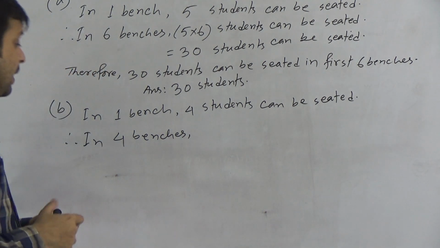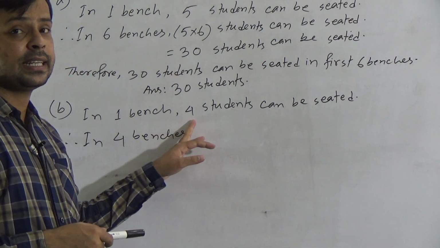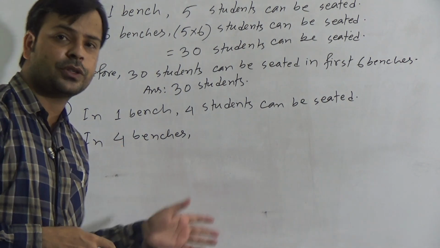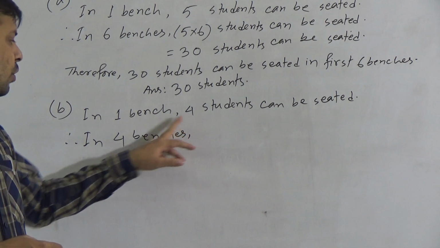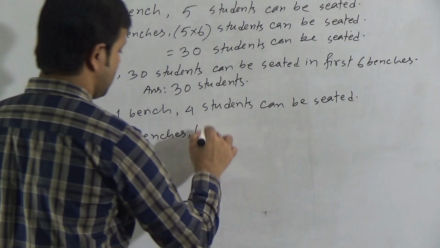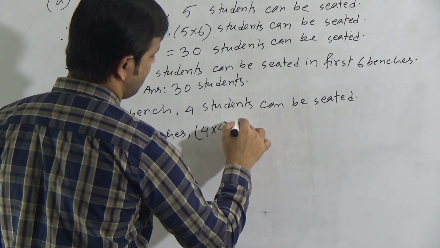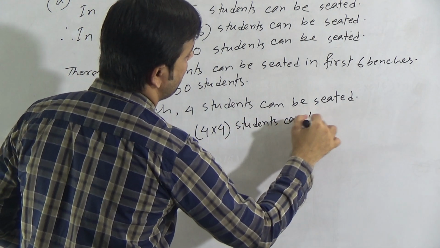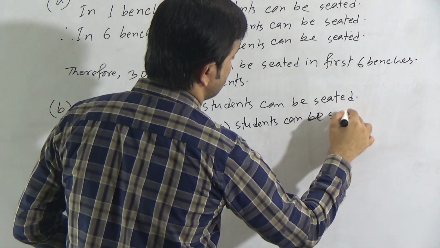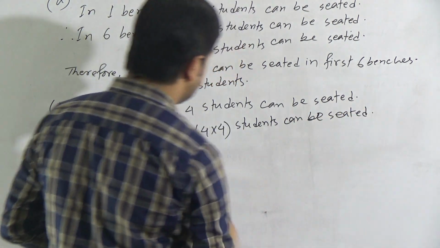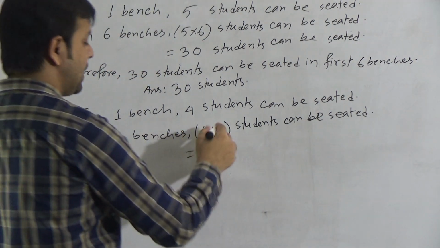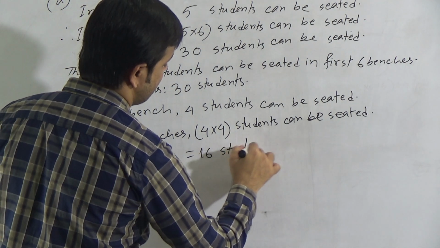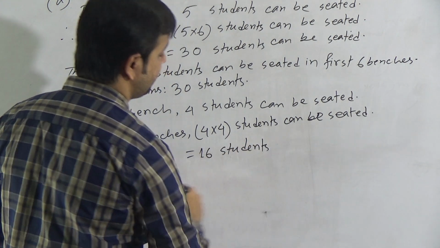So, if 4 students can be seated in one bench, so in 4 benches, the total number of students will be the product of 4 and 4. This means 4 multiplied by 4 students can be seated. Okay, dear students, so if we multiply 4 and 4, we will get 4 4s are 16. 16 students can be seated.